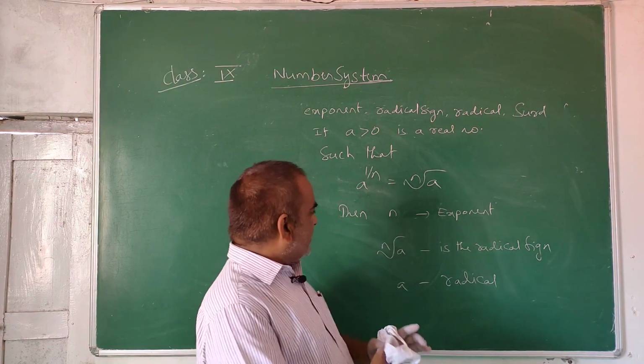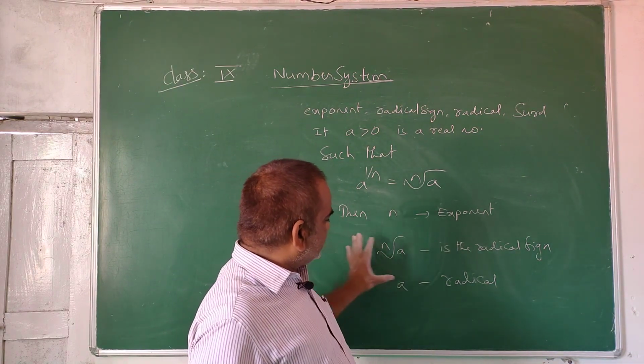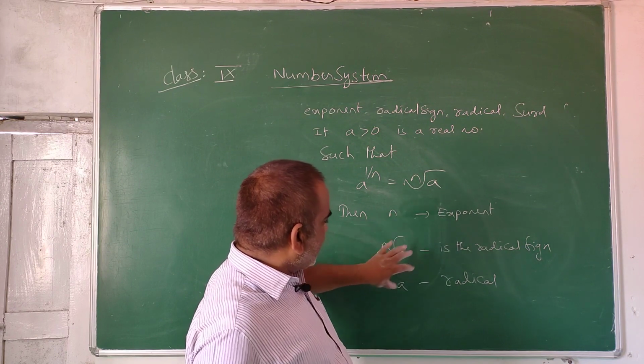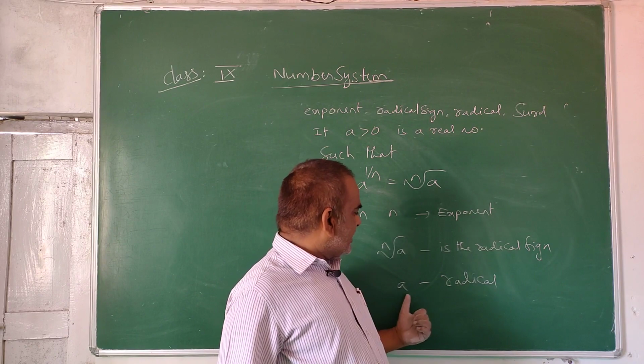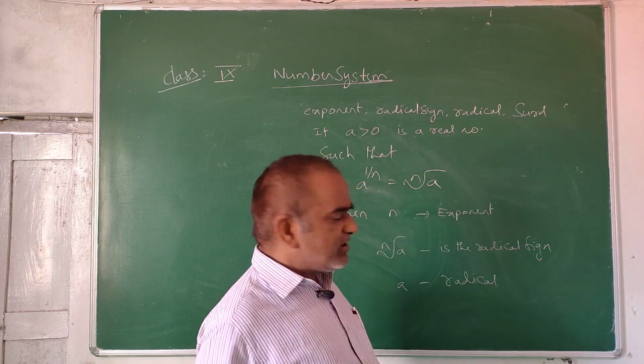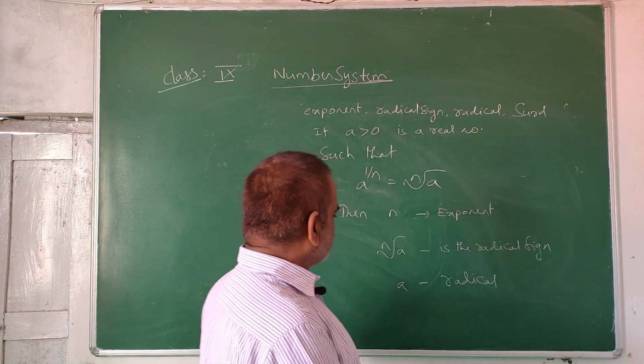So n is exponent, this nth root a is a way of expressing the number using radical sign, and a is known as radical. Did you understand?